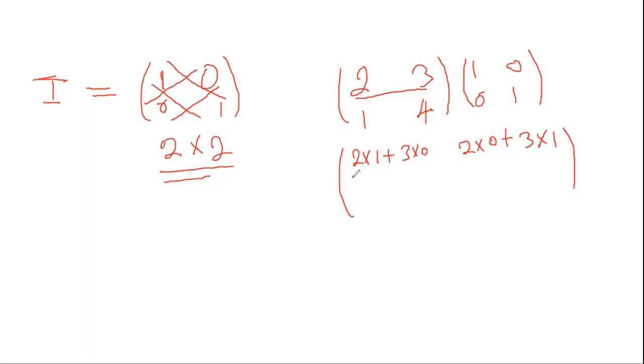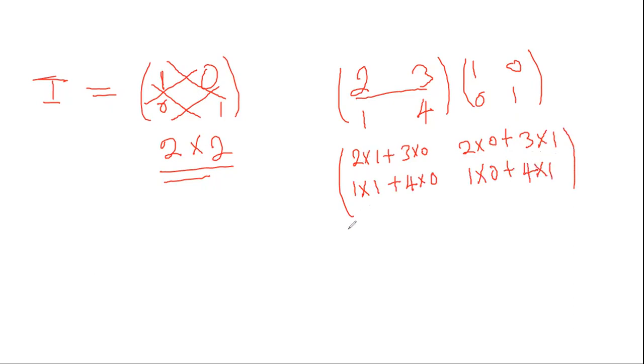Then down, 1 times 1 plus 4 times 0. And 1 times 0 plus 4 times 1.